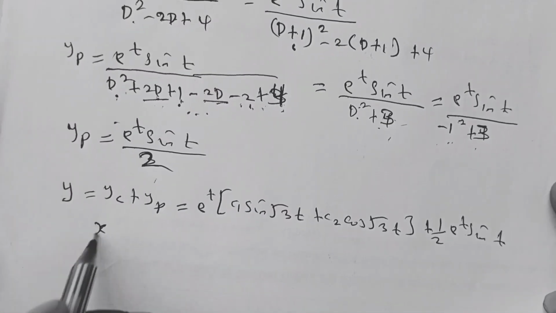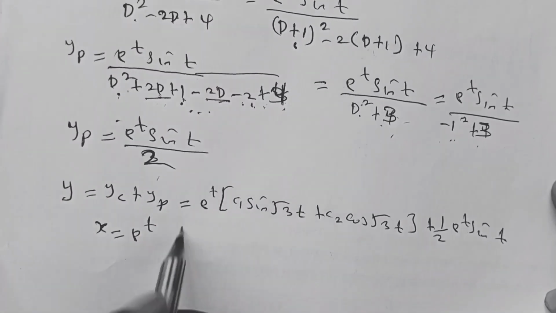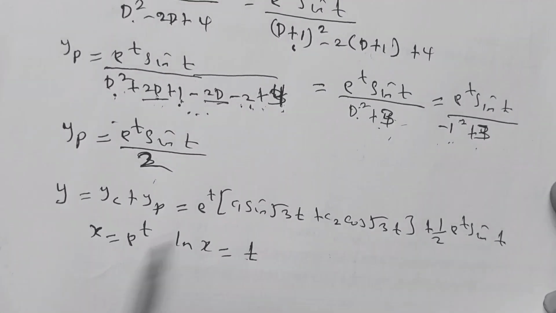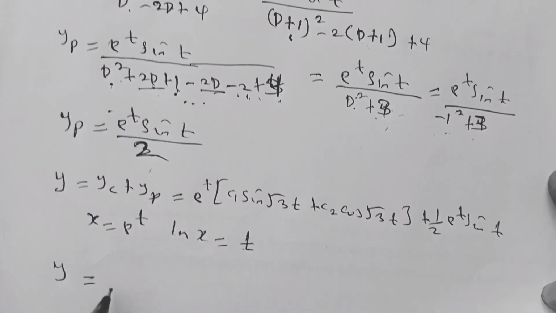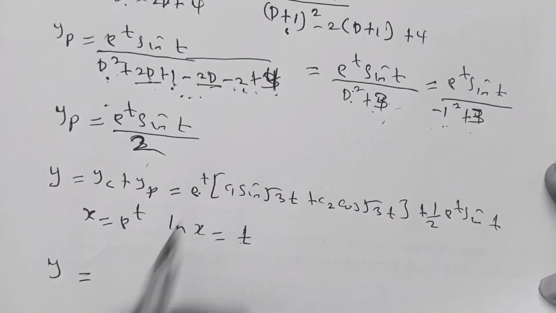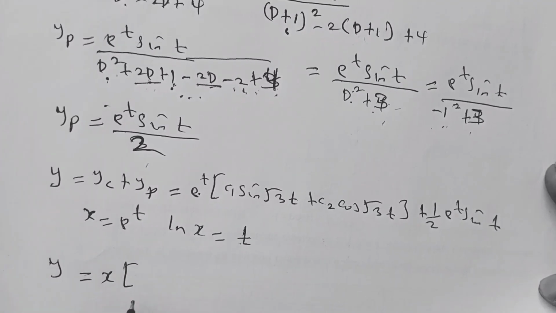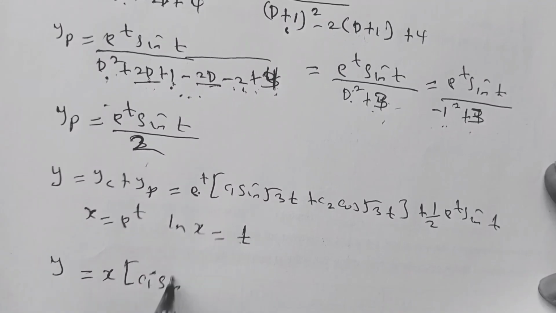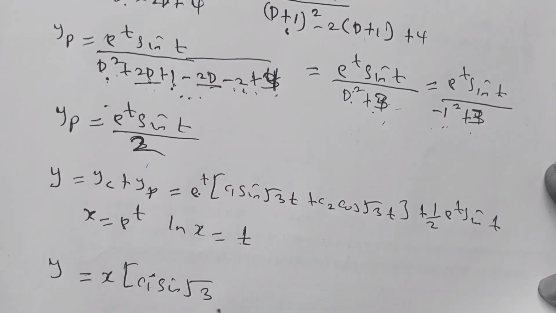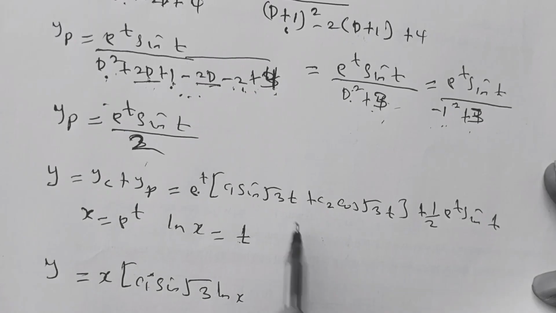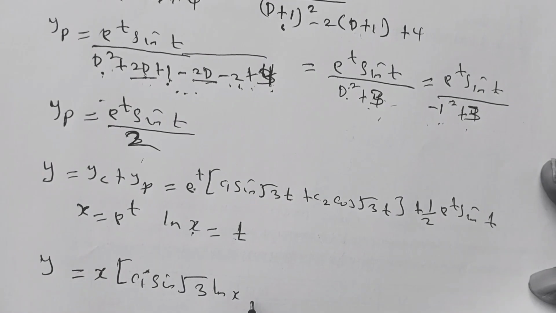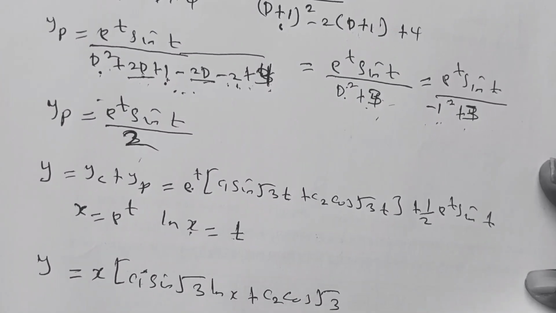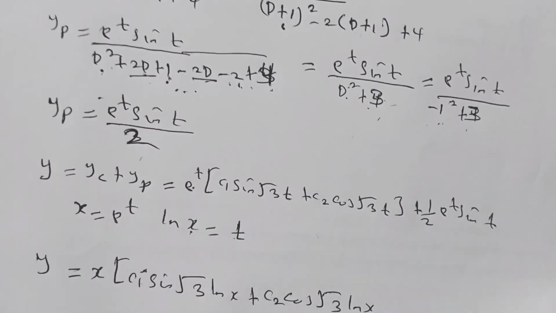Finally, we note that x is equal to exponential t and the natural logarithm of x is equal to t. So we substitute here. So our y will be equal to exponential t, which is x, into bracket c1 sine of root 3 natural logarithm of x, instead of t we write natural logarithm of x, plus c2 cos of root 3 ln of x.